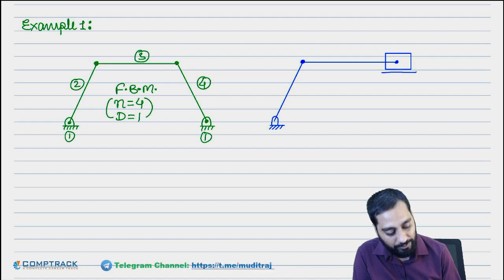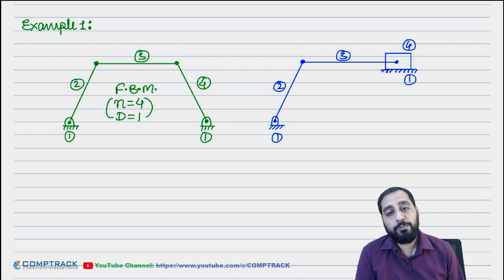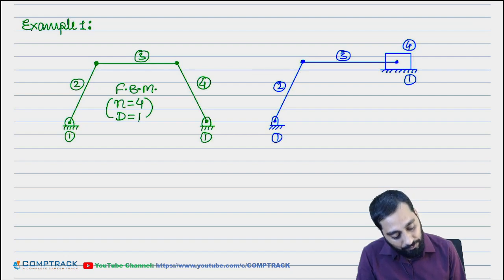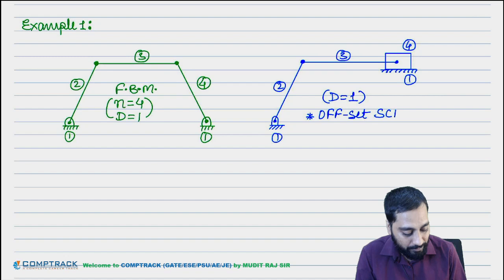And the first link will be like this. The first link is still fixed. So first, second, third, fourth and first. Now check its degree of freedom. Its degree of freedom is still equal to 1, the same degree of freedom. And what will be the name of this mechanism? This is called offset slider crank mechanism.